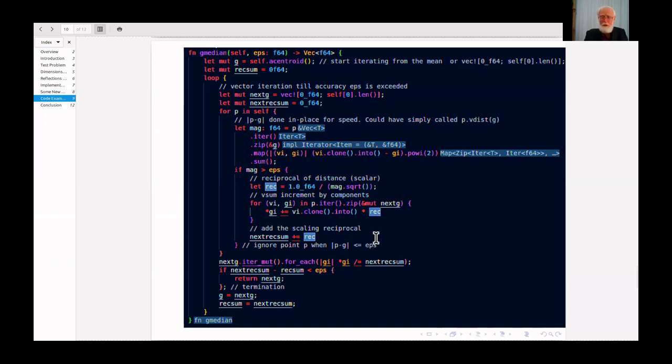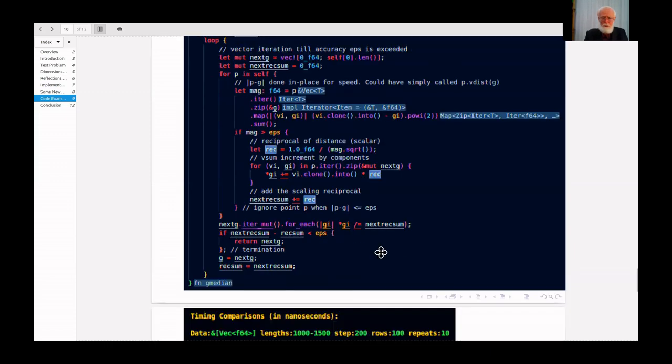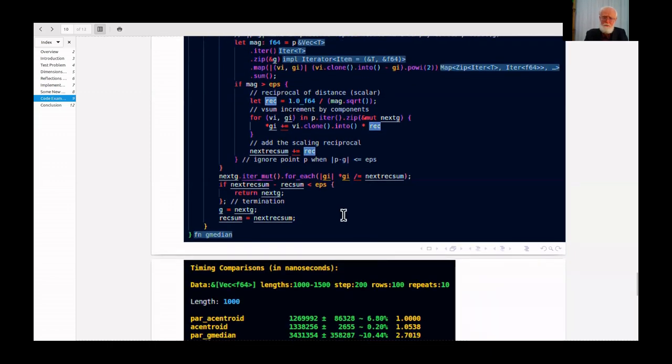How far we go in the direction is determined by scaling, and the scaling constant is the sum of the reciprocals. So having computed these distances, we compute the reciprocals, add them all up, and then we multiply in the direction and that gets us a more accurate estimate.